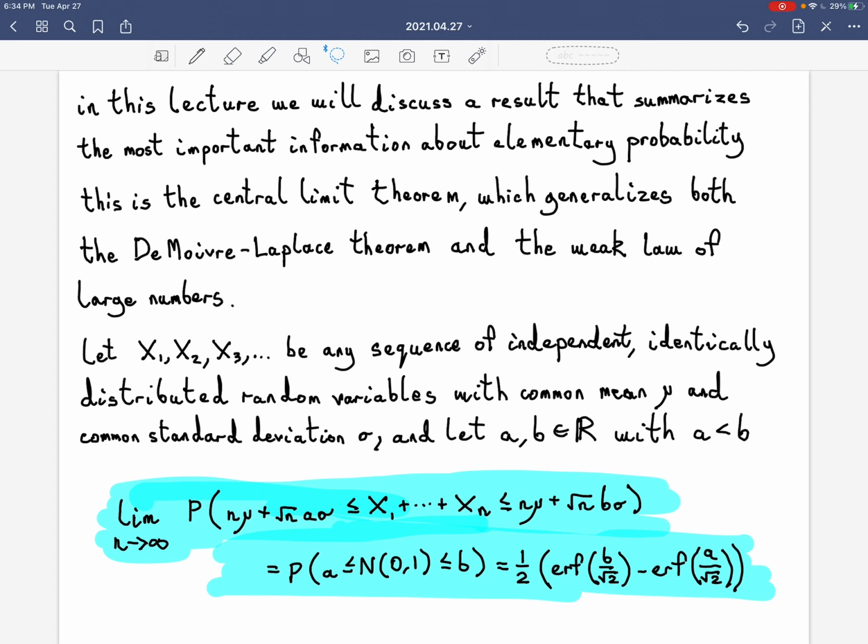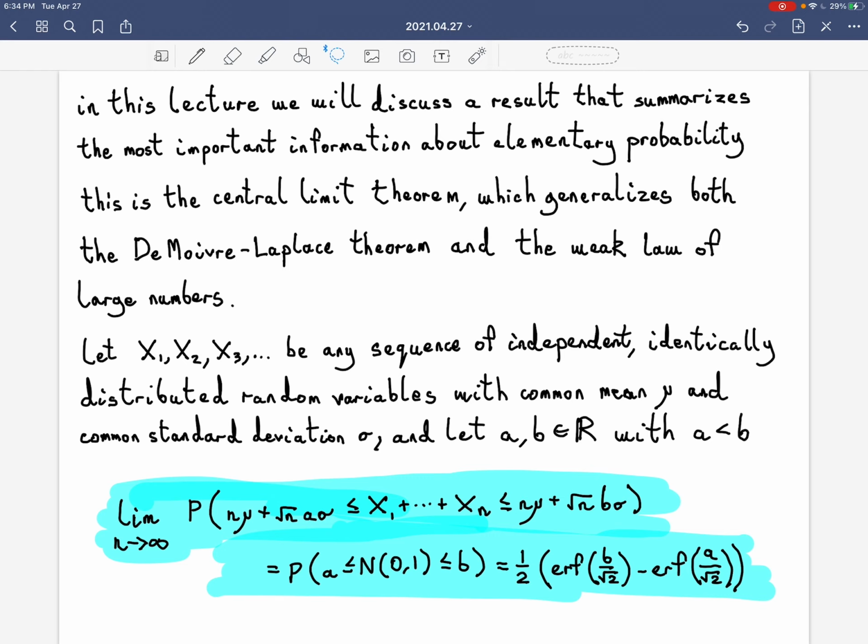And we were able to get really good information out of the de Moivre-Laplace theorem, whereby we could predict the probability that the long-term result of the game is going to be within any specific interval around the mean, where you measure the interval in standard deviations. And so the weak law of large numbers doesn't give you as much information.